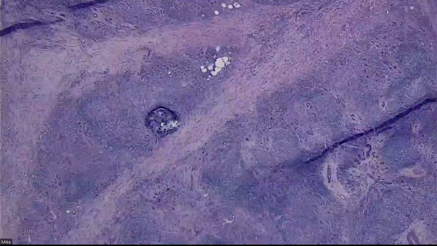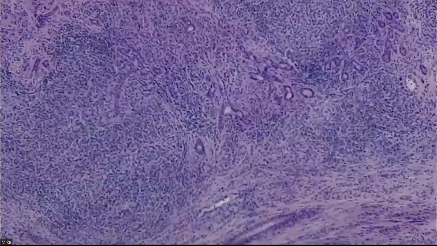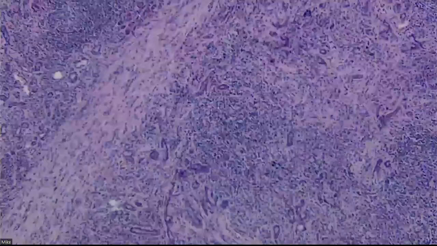Big bands of fibrous septae between all the lymphoid aggregates. What are those non-lymphoid structures in the back? They look like ducts. Yeah, so they're being kind of swallowed up by the lymphoid aggregate. No actual glands that I can see.